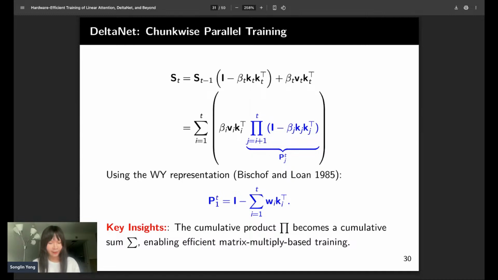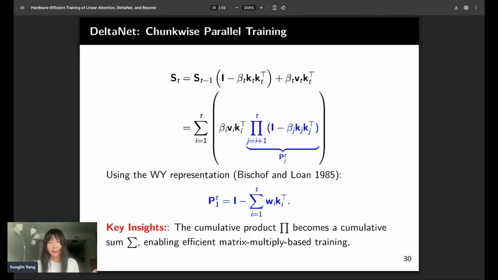First off, if we want to train RNNs in parallel, we need to unroll this recurrence. By unrolling the recurrence, we will have the cumulative product of this transition matrix. In the DeltaNet case, we also have this cumulative product of the transition matrix, which is colored in blue.